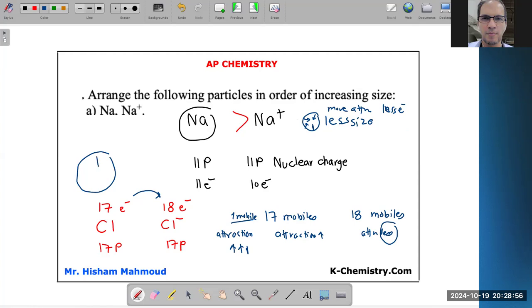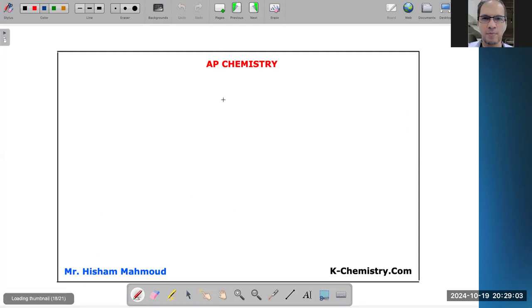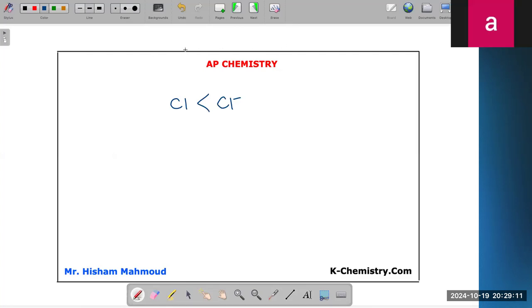It becomes less, so the size gets bigger. So Cl minus is bigger than Cl. Cl minus is bigger than Cl. Yes, Yazid, okay. So Cl minus is bigger than Cl, but Na plus is smaller than Na.